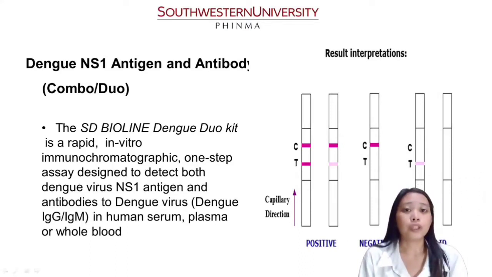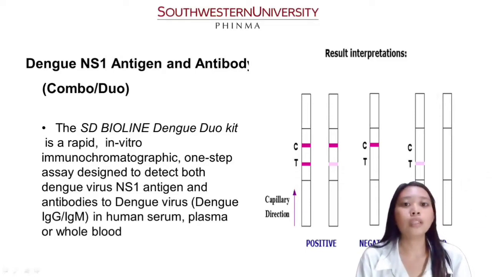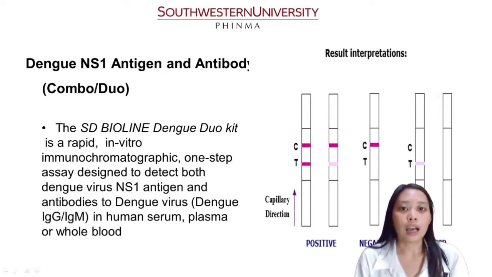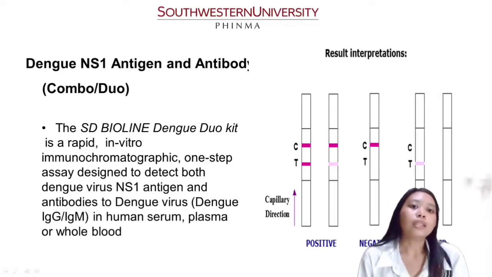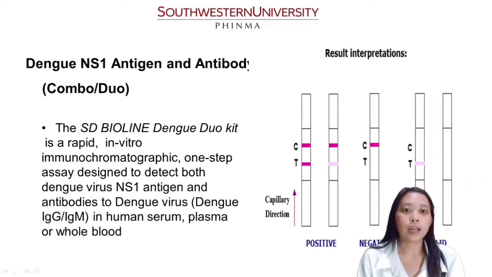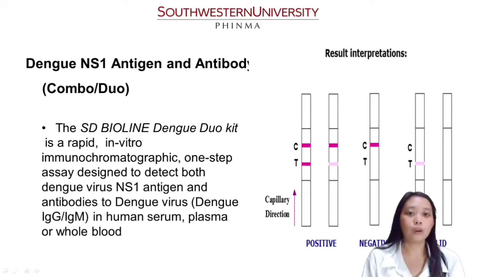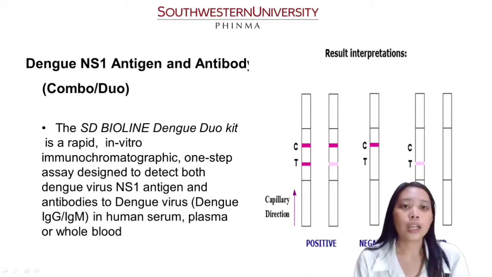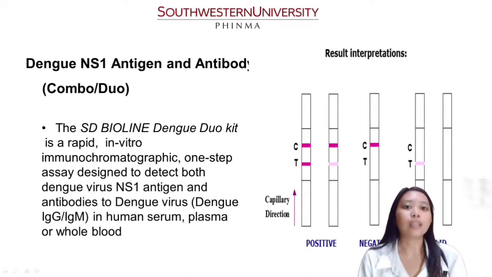IgM means the first antibody produced by the immune system when a virus attacks, while IgG means exposure to the dengue virus in the past. NS1 tests have been developed for use in human serum, plasma, and whole blood. Because dengue NS1 antigen and antibody has easier performance, sensitivity, and low cost, it is considered as the most useful in detecting dengue virus.